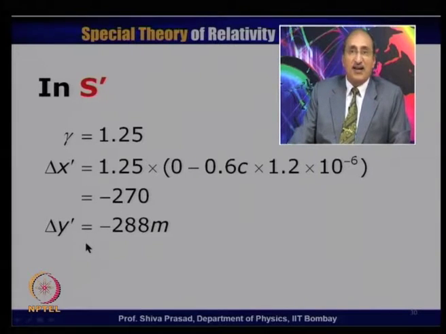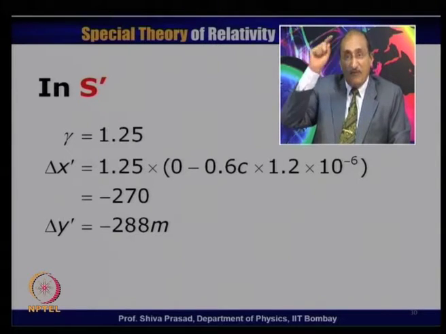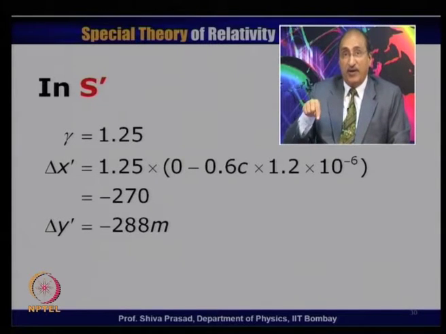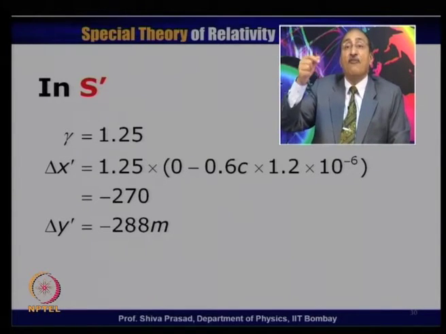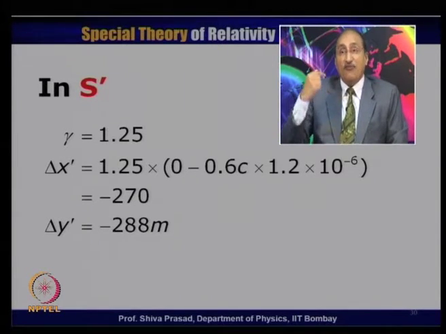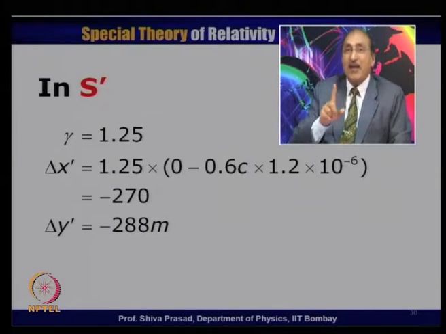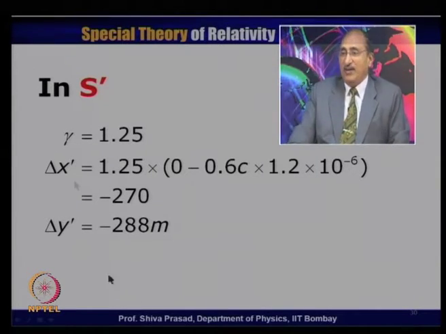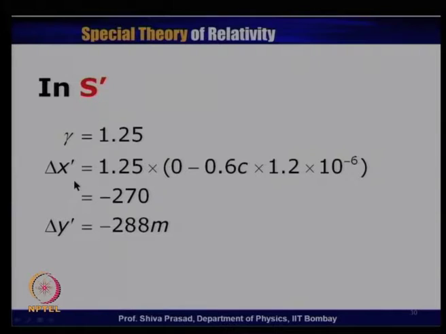Of course, as far as delta y prime is concerned, there is no change, because delta y prime is equal to delta y, which is equal to minus 288 meters. Because remember, y1 was 288 and y2 was equal to 0. So, if I take y2 minus y1, I get minus 288 meters.